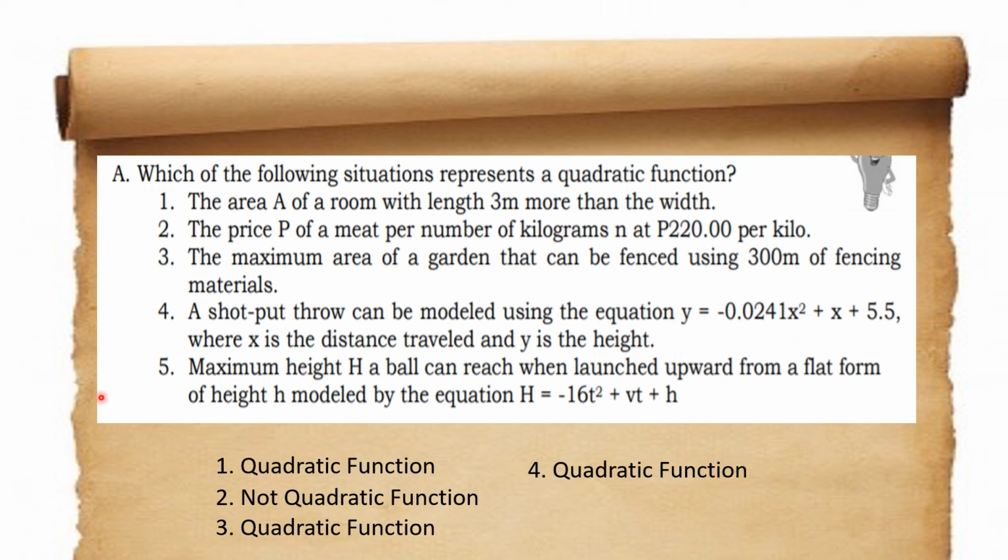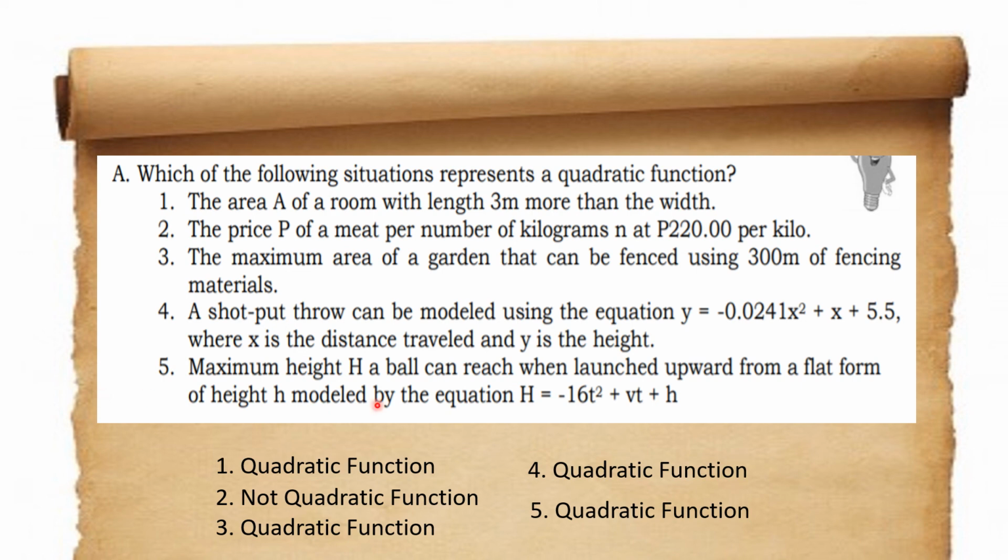Okay, number 5. The maximum height a ball can reach when launched upward from a platform of height h modeled by the equation h is equal to negative 16t squared plus vt plus h. So, ang v nyo dyan ay velocity. Okay? Or speed. So, represent yan ng quadratic function.